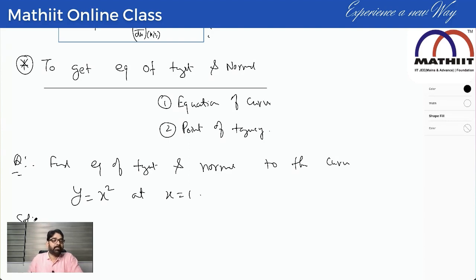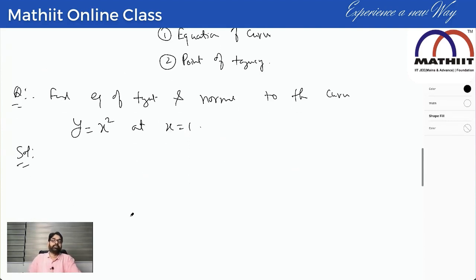I know it's a very, very simple question, but listen to how I'm doing it. First thing, the equation of the curve is ready. Second thing, the point of tangency. Is the point of tangency there or not? Not fully. They gave you only the abscissa, x equal to 1.